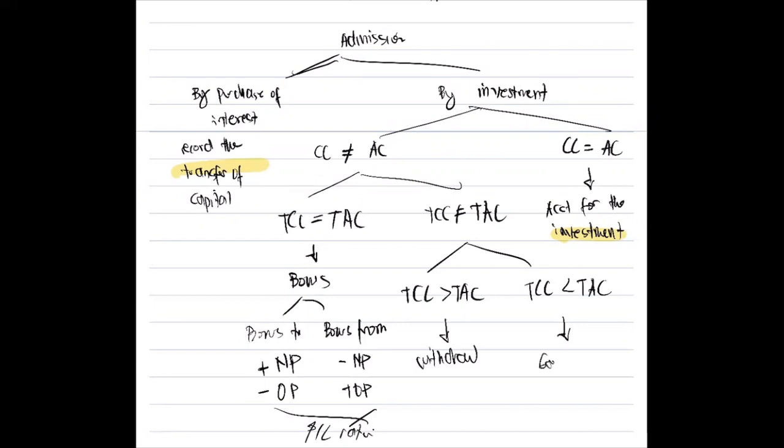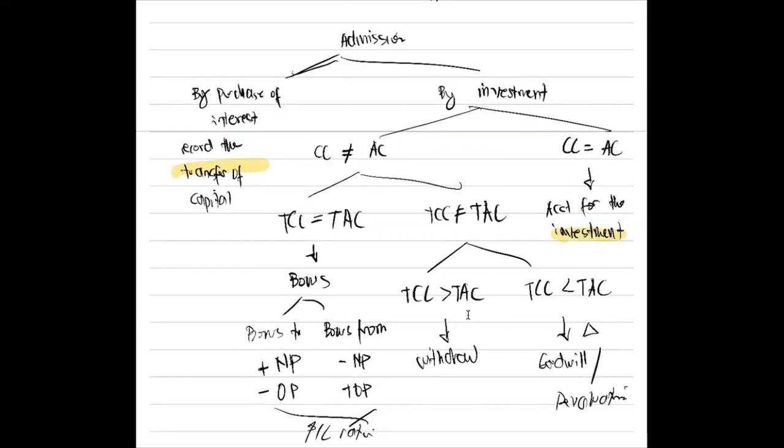We account for it as a goodwill, or the difference is treated as a goodwill or a revaluation. Okay? So for your admission, it's either purchase of interest or by investment. So those are the rules. Just take note whether the contributed capital is equal to your agreed capital, or your contributed capital is not equal to your agreed capital.